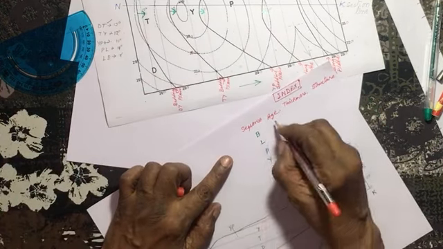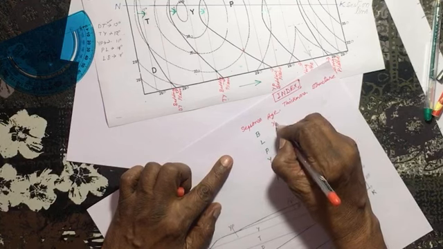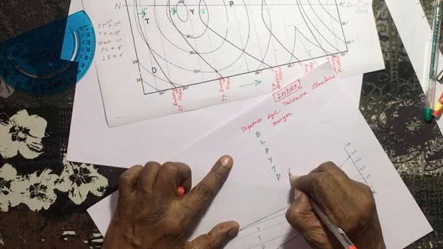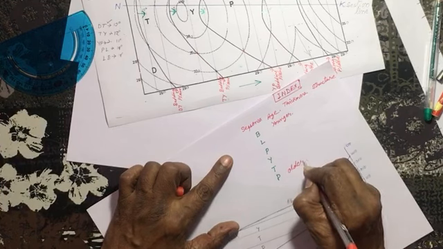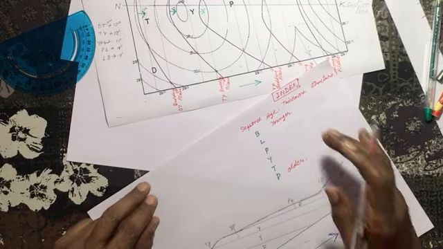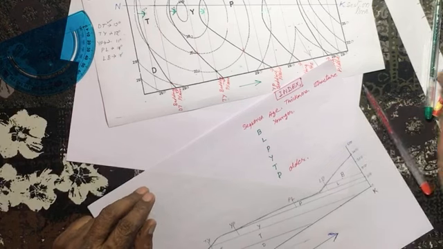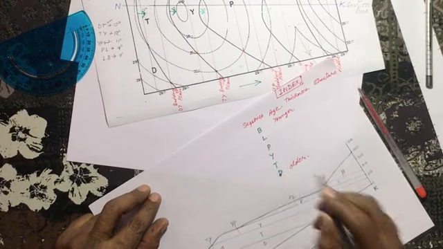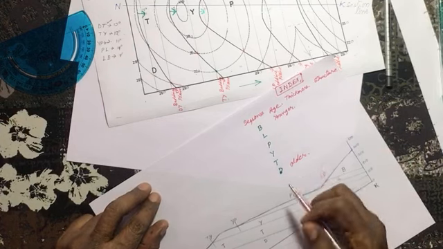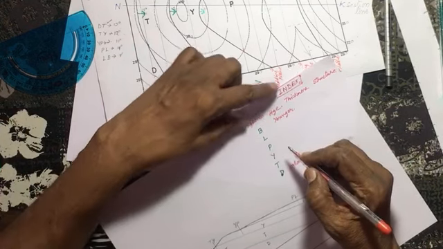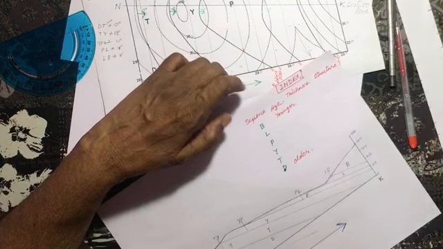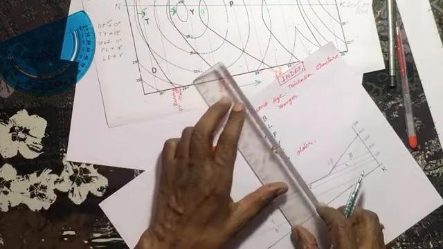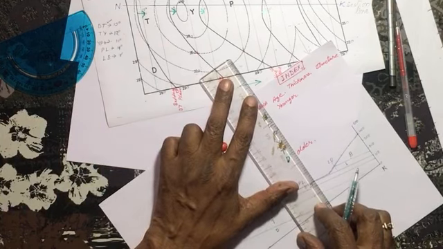Sequence: so this is younger in age, and this is older. This is the older bed, the D bed, and this is the younger bed. We can also fill in the color. If you want to fill the color, you can prepare the block.